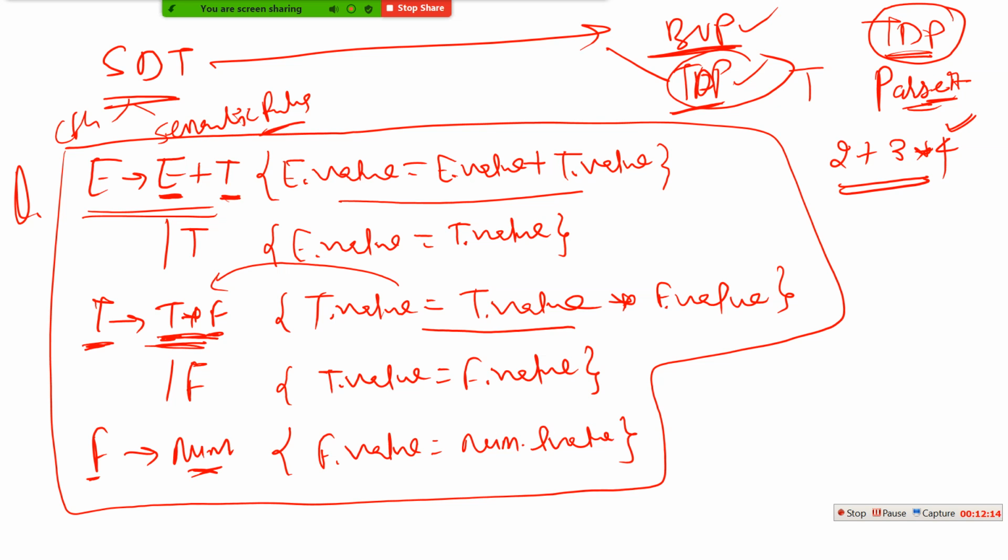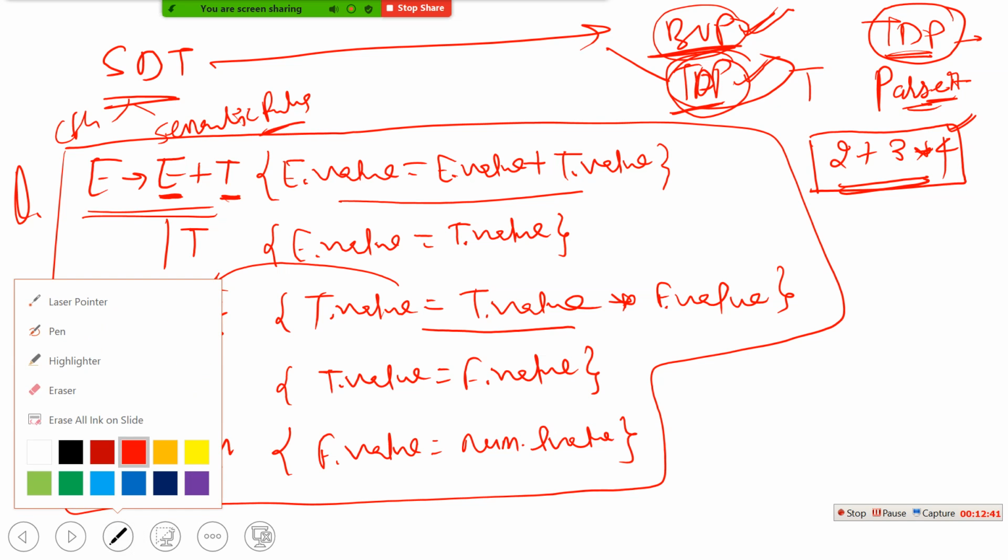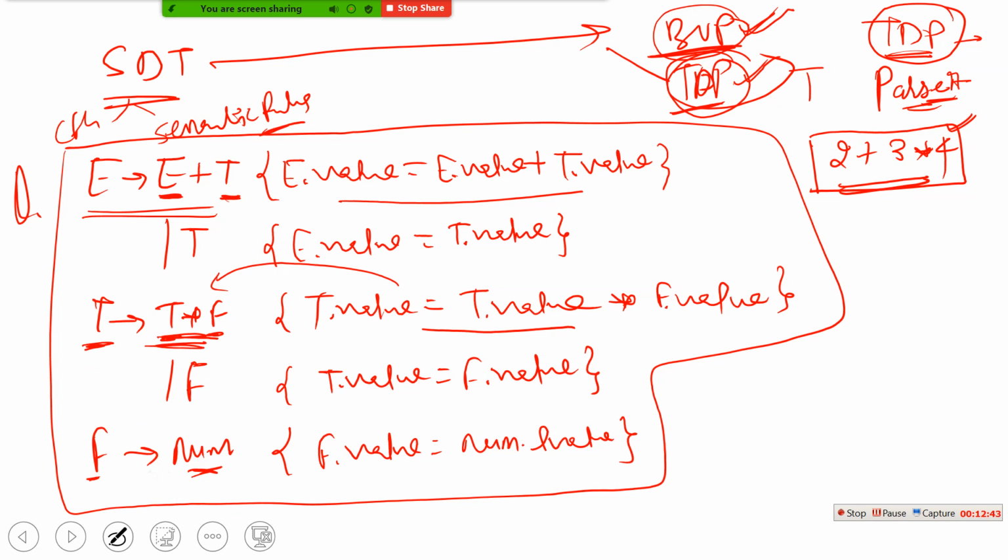You know that top down parsing is left to right, and bottom up parsing is rightmost derivation in reverse manner, and top down parsing is leftmost derivation. We have already discussed it in our previous sessions, right? Now my target is to draw the syntax and semantic tree for 2 plus 3 into 4.